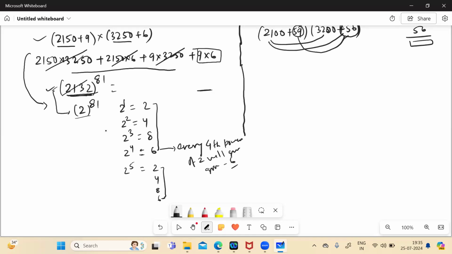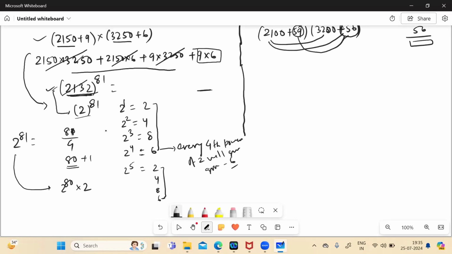So in order to determine the unit digit of 2 to the power 81, I'll check whether 81 is divisible by 4. What happens when 81 is divided by 4? We can see that 80 is divisible by 4 and we have one more power. This can be reduced to 2 to the power 80 into 2.